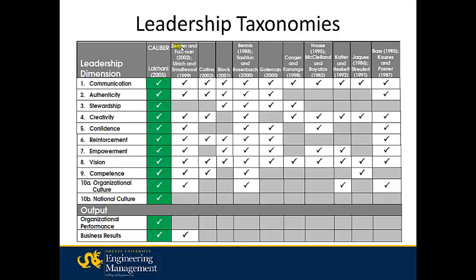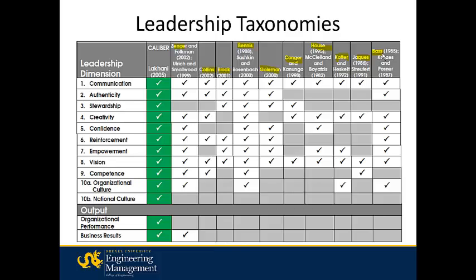We looked at Zenger and Folkman, Jim Collins, Peter Block, Warren Bennis, Daniel Goleman, Conger, House, Cotter, Elliot Jacques, and Bernard Bass. These are probably the most common and well-researched models that are out there.